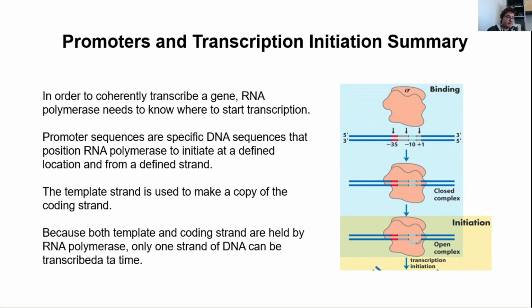And once this process begins, the template strand is what's used to make a copy of the coding strand. And because the template and coding strand are both simultaneously held by the polymerase, only one strand of DNA can be actively transcribed at a given time, okay? And that's distinct from DNA polymerase, where you can make copies of both strands.